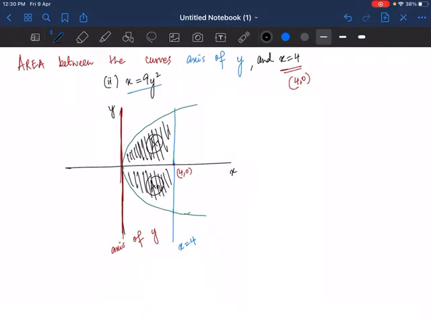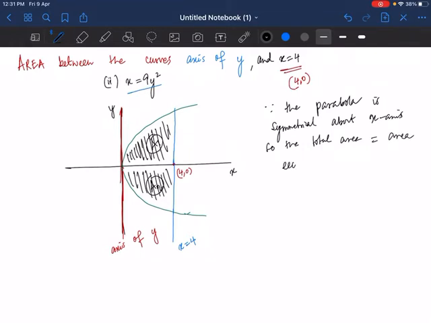So we can write here, since the parabola is symmetrical about x-axis, so the total area is equal to area enclosed by the parabola and the line x is equal to 4 in the first quadrant.